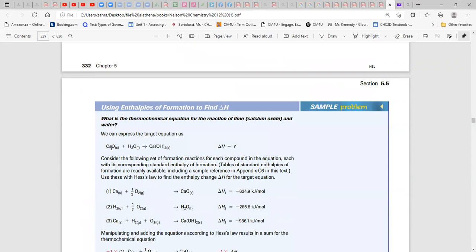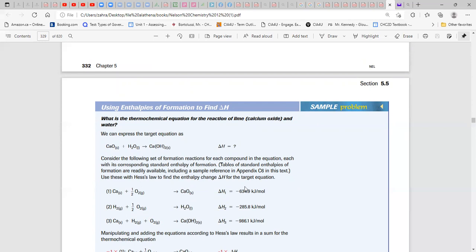So here we have CaO plus H2O gives Ca(OH)2. You want to find the enthalpy of that. So what do we do? We can write the enthalpy of formation of each component here. For example, CaO consists of Ca and oxygen O2. So you just write it down.